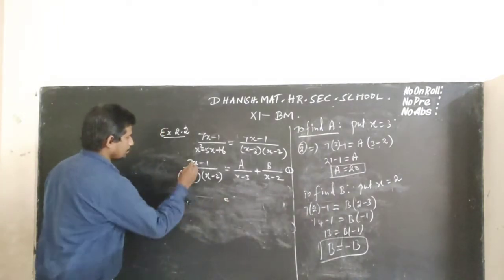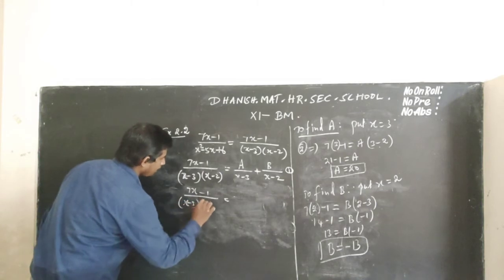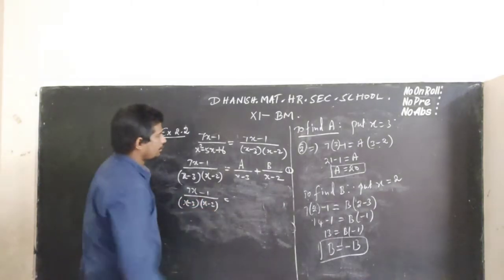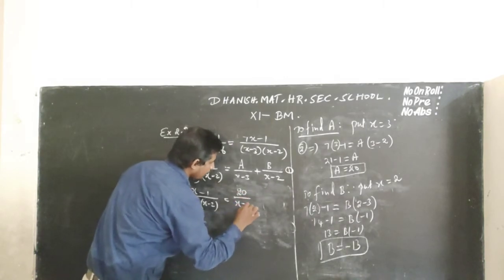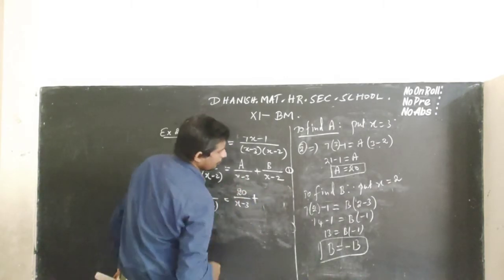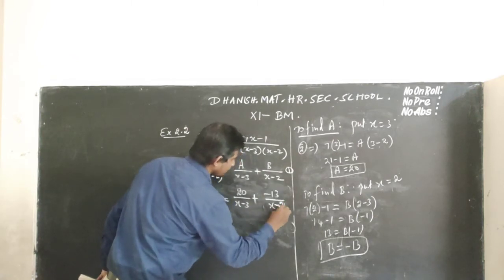This is equal to 7x minus 1 divided by x minus 3 into x minus 2 equal to a. What's our a? 20. 20 by x minus 3 plus b. What's our b? Minus 13 divided by x minus 2.